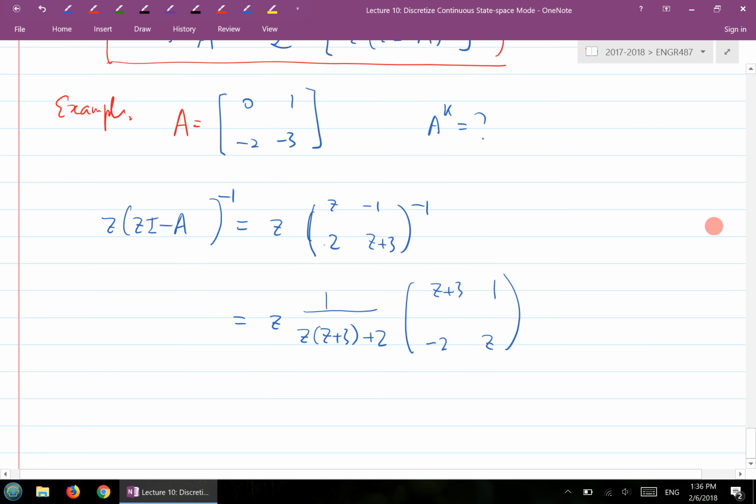Now time to clean up a little bit, especially the determinant. What's this determinant? The determinant is Z squared plus 3Z plus 2, right?